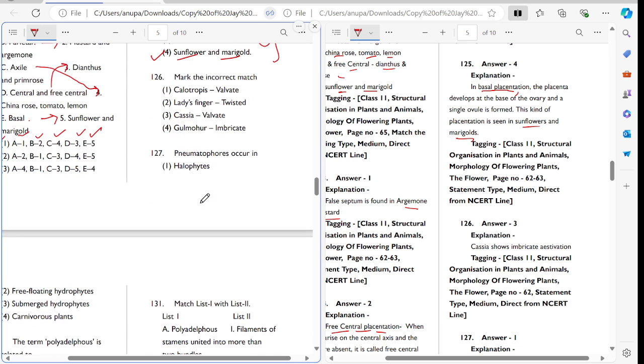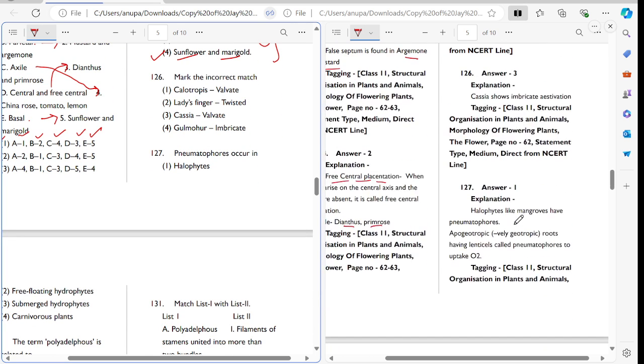Now let's move to the next question, that is question number 126. Question number 126 is: mark the incorrect match. Here matches are given and we have to find out which matching is incorrect.